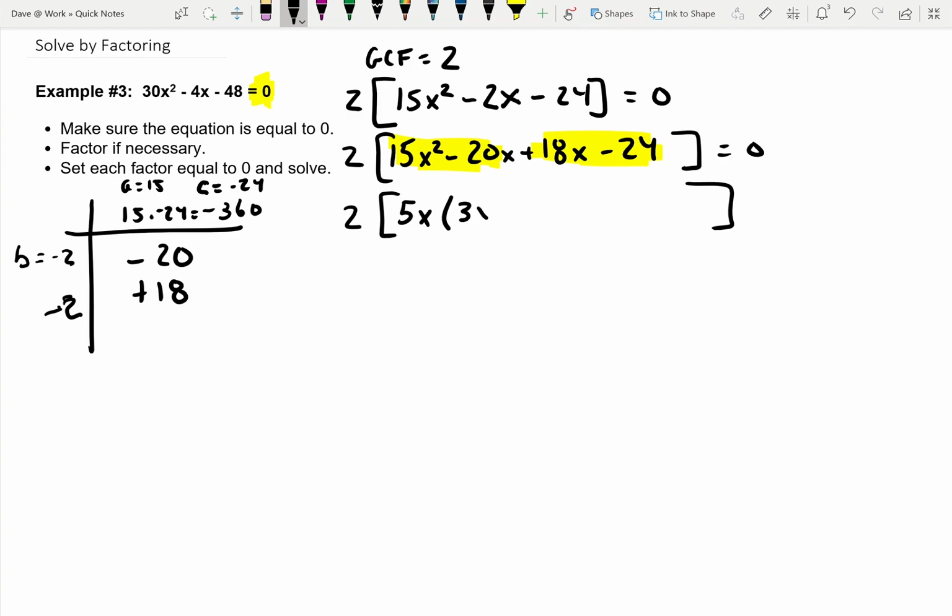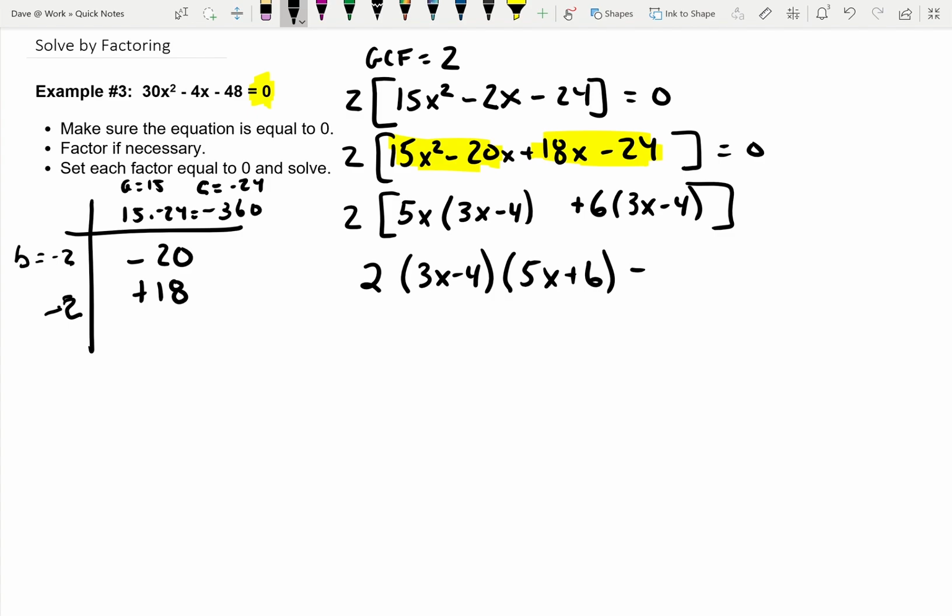This is going to leave me with a 3x minus 4. If I remember that 3x minus 4 has to show up in the second two pieces, I can use that factor, figure out that I need to pull out a greatest common factor of 6 out of those last two terms. And so as I write out all my factors, I know that 3x minus 4 is one factor. I know that 5x plus 6 is a second factor, but I also have a third factor all along, the 2, and those three factors equal 0.